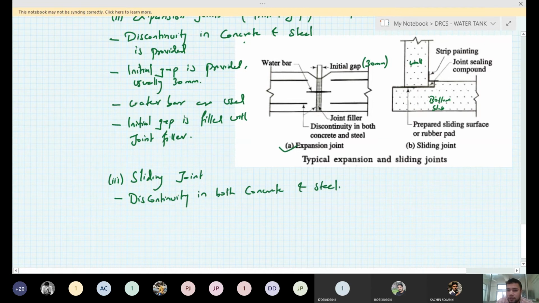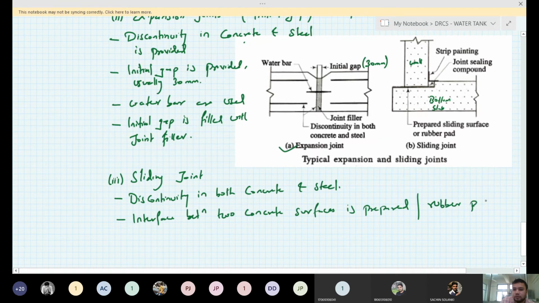Then the interface between the two concrete surfaces is prepared, or we can provide a rubber pad here.